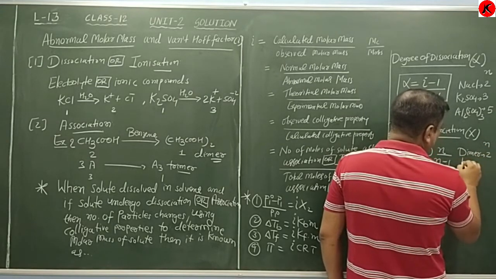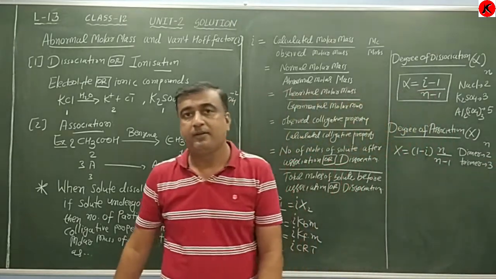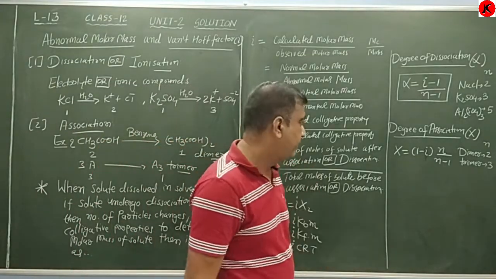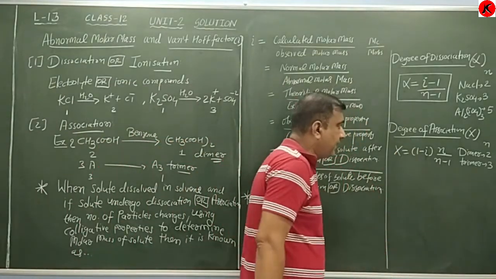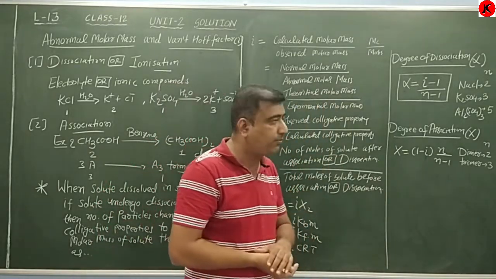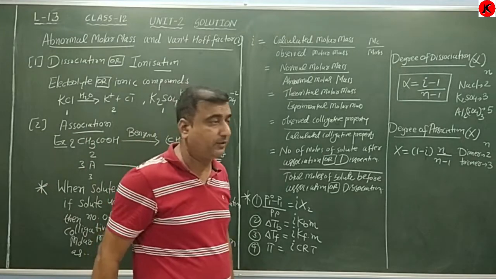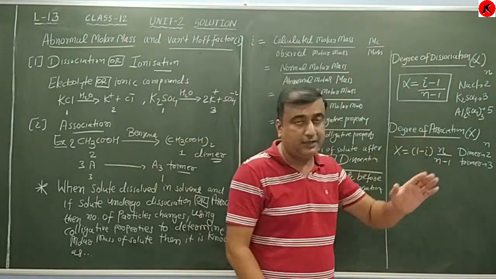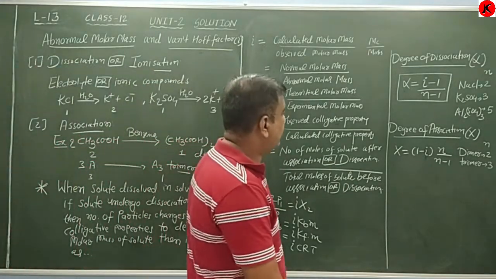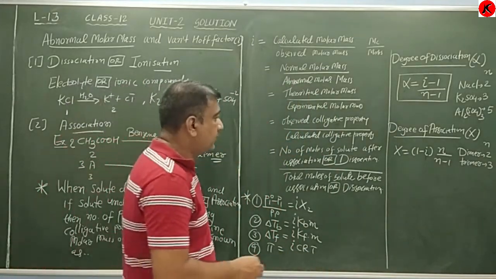Suppose it forms a trimer, then the value of n equal to 3. Suppose it forms a tetramer, then n equal to 4. So by using this formula, we can calculate the degree of association. The definition is the same: of the number of molecules of the solute, how many molecules undergo association. The fraction of molecules that undergo association is known as the degree of association.